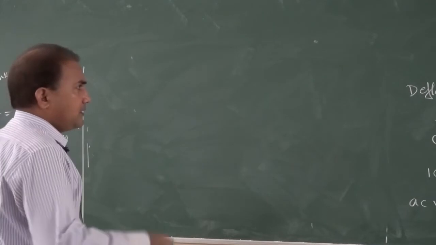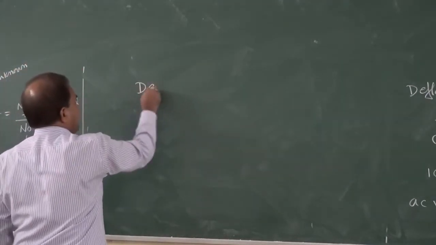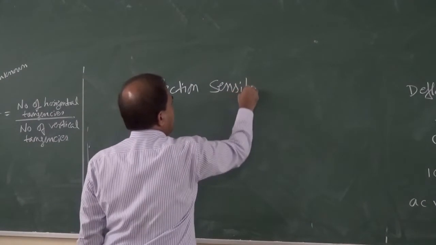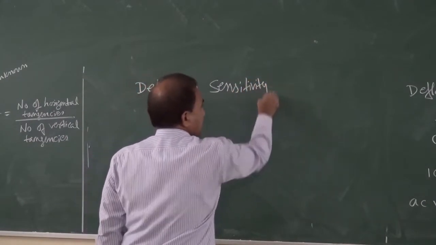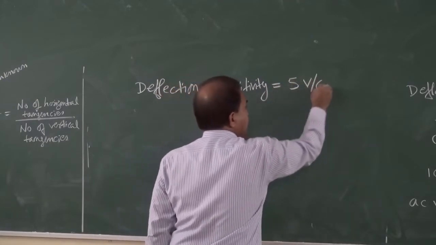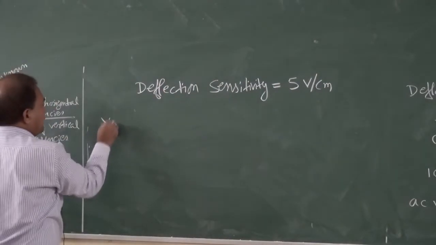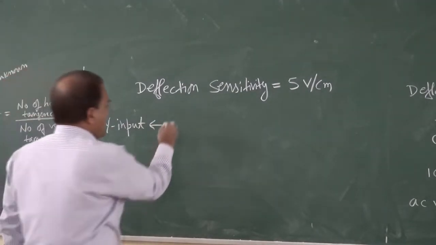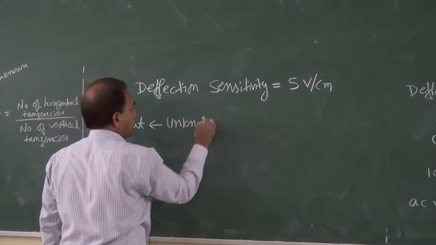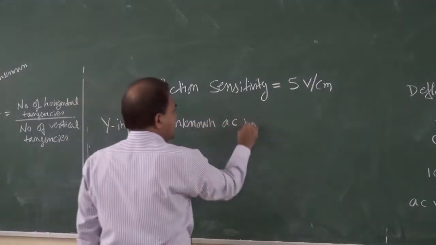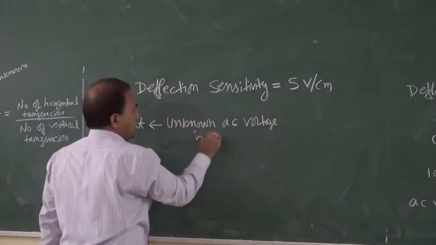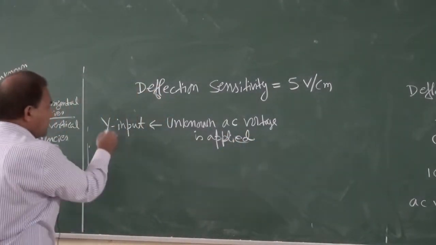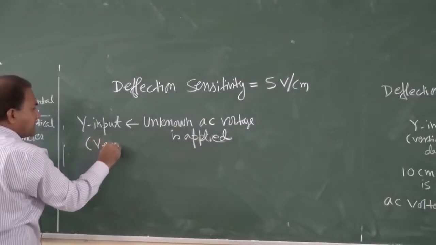Okay. Suppose the deflection sensitivity of the CRO is equal to 5 volt per centimeter, and to the Y input, that is the vertical deflection plate, an unknown AC voltage is applied.